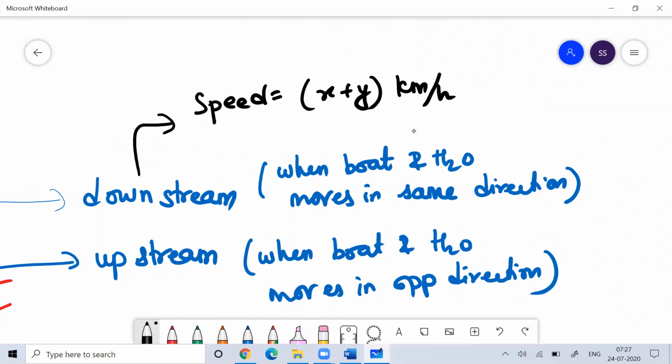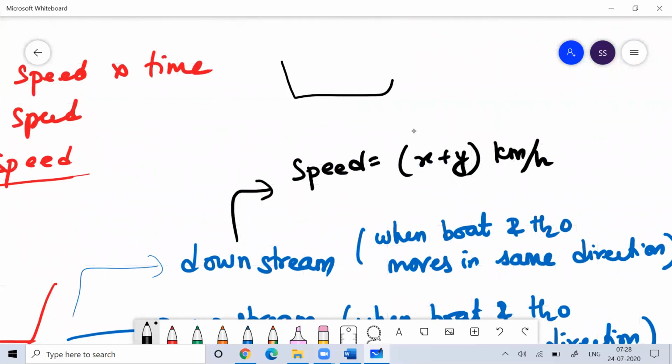Downstream means when the boat and water are both moving in the same direction. Suppose this is the boat and this is the water. If both are moving in the same direction, automatically the water will accelerate the speed of the boat. So this is called downstream, and the speed in downstream is x plus y kilometer per hour.